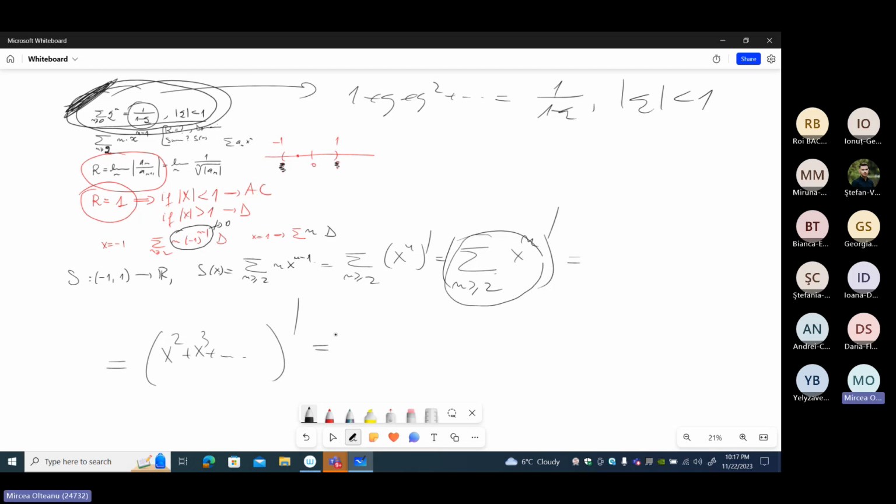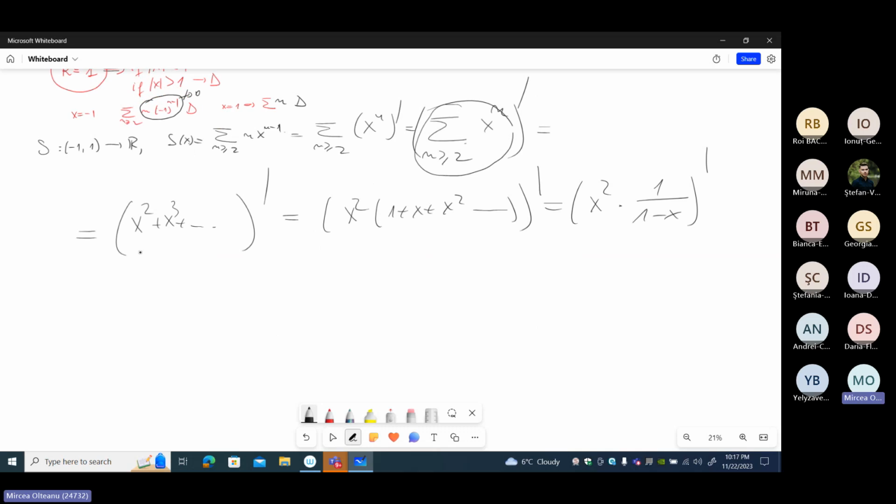It is the same. So this is x^2 times (1 + x + x^2 and so on), differentiated, which is x^2 times 1/(1-x), differentiated.